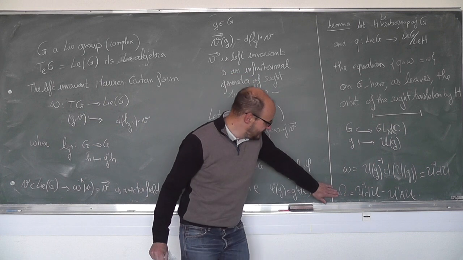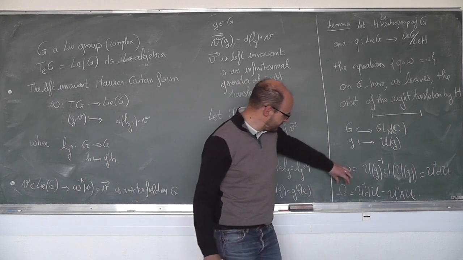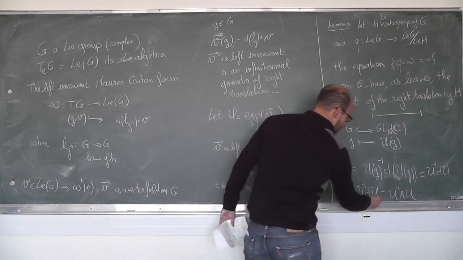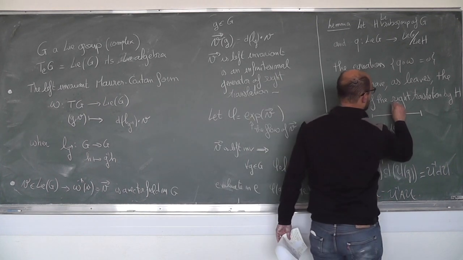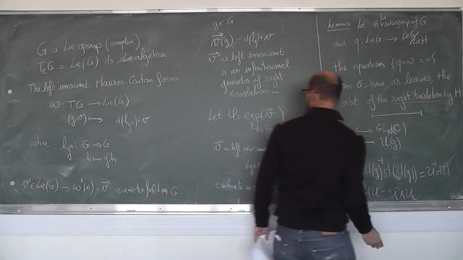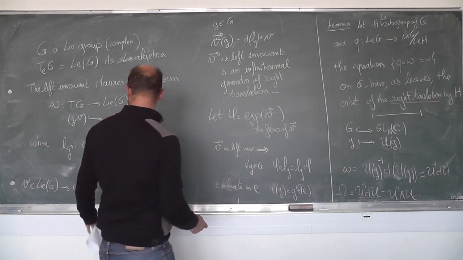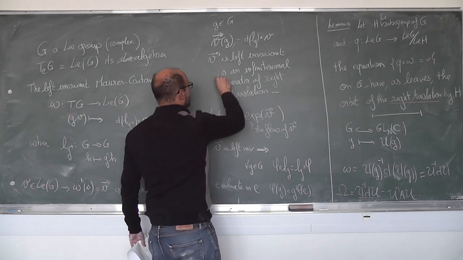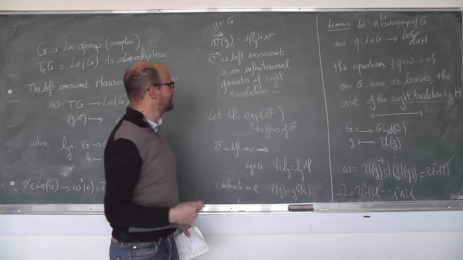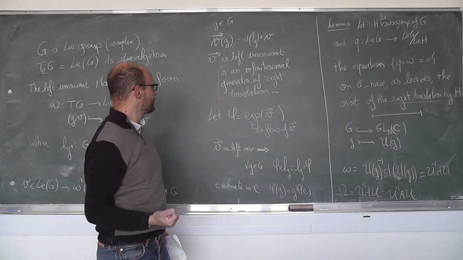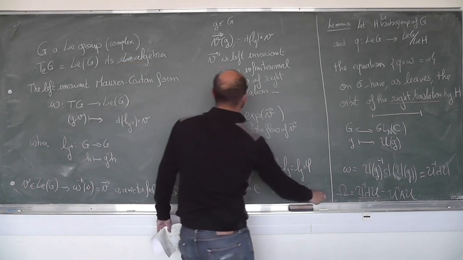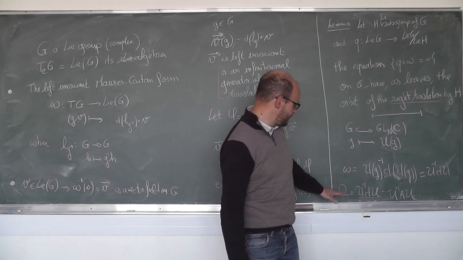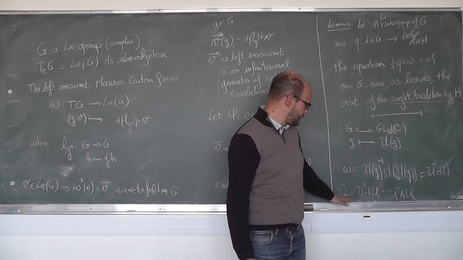And by choosing this set of equations, I choose the set of equations that is compatible with the right translation. So this form will give you the infinitesimal generator of the right translation. So this is the reason why we are doing that.